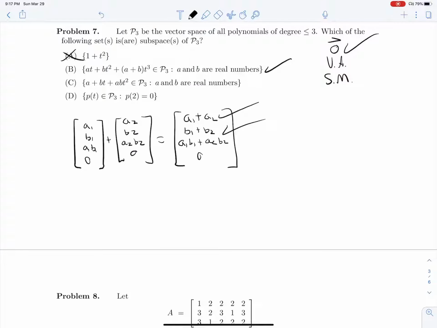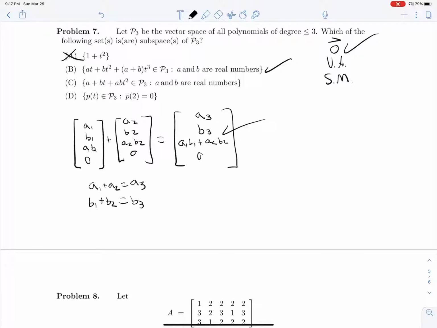We can take a1 plus a2 and express it as some other a3, and b1 plus b2 as b3. So that component is closed under vector addition, and this one will simplify down to b3.